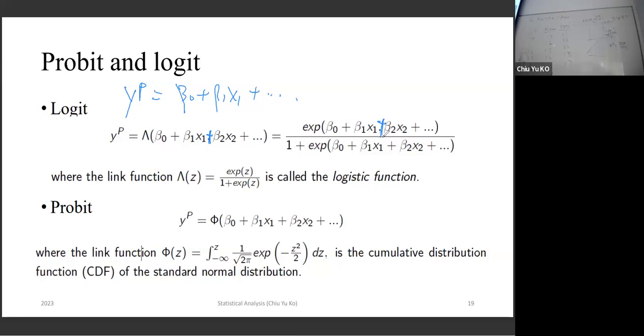Is that clear? If the exponential is very big, the result is 1. If the exponential goes to 0, then the result is close to 0.